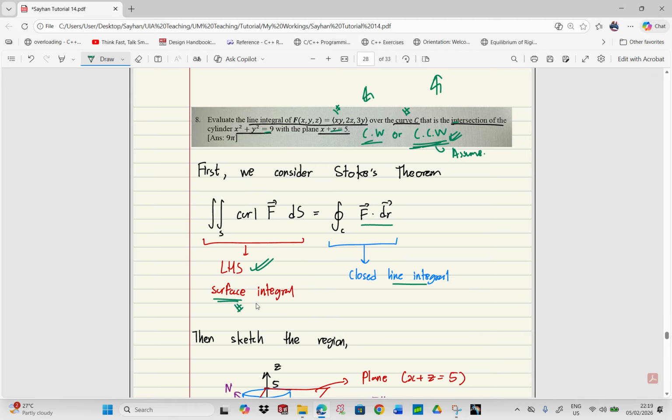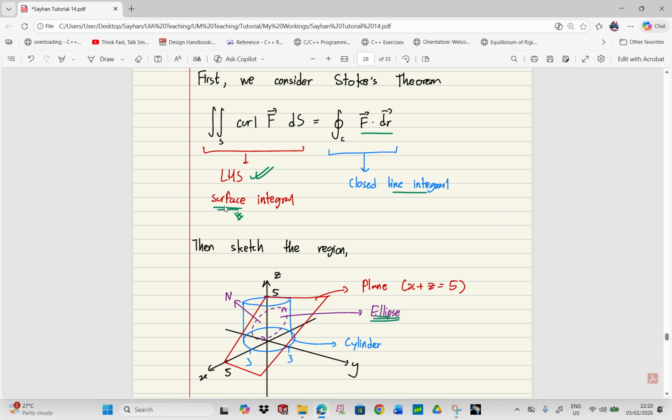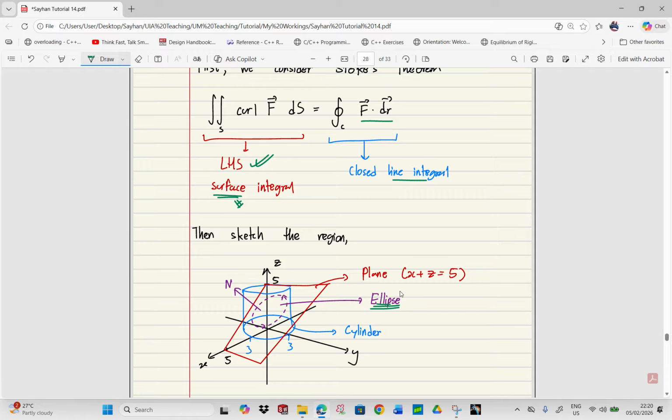But for example, question 8, question 7, where your contour is an ellipse, your path is an ellipse, so it's going to be a little bit tricky. Therefore, I advise using the surface integral, the left hand side, because you don't have to worry about the ellipse at all. It's already taken into account.